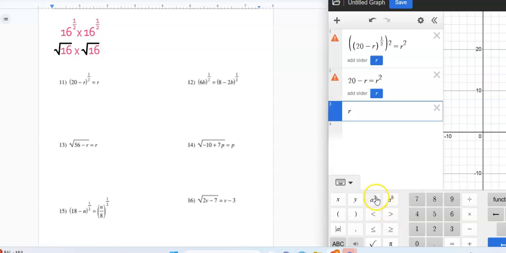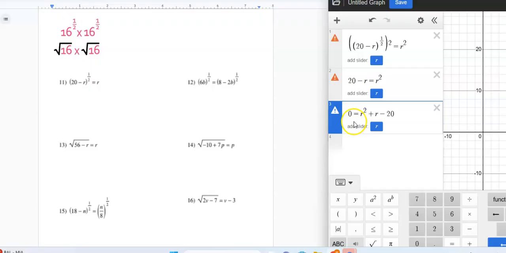So that becomes r squared plus r minus 20. Now that's what happens when I add r. So what's left on the other side of the equal sign would be 0. I subtract 20 from both sides, I get minus 20. I add r to both sides, I get plus r.